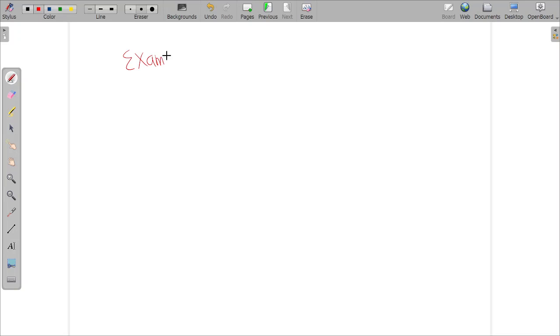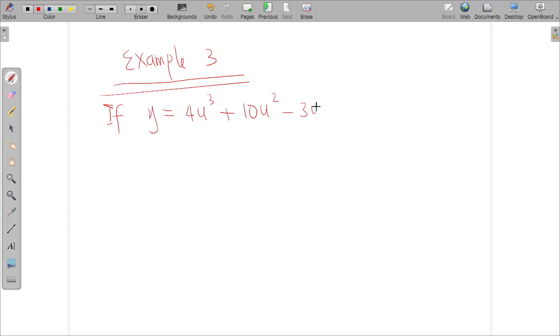Example 3. Okay, in this example 3, we have if y is given as 4u³ plus 10u² minus 3u minus 7, and u is given as 4 over 3x minus 5.